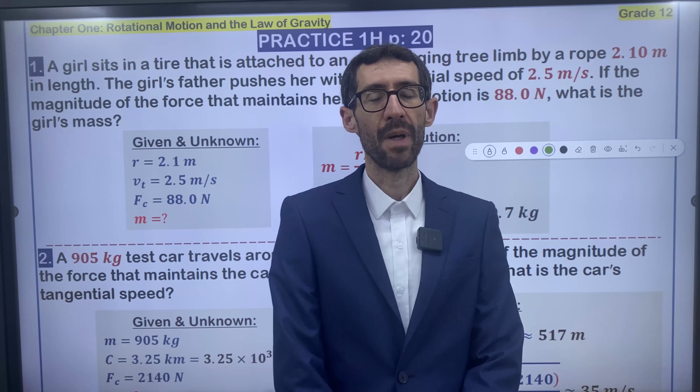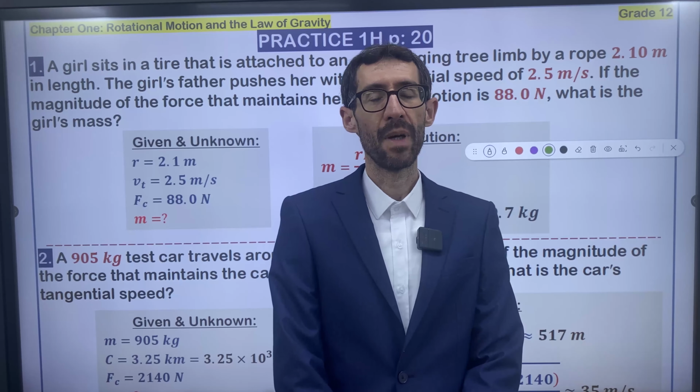Either you can say circumference, or you can say the car travels one full circle, or a distance across the circumference of a circle, right? So I want you to guess the rule of the circumference of a circle. What's the circumference of a circle? It is found by this equation: C is equal to 2 pi r, right?